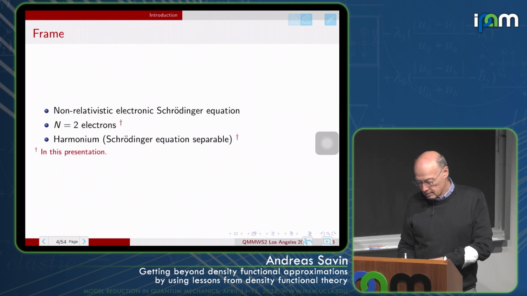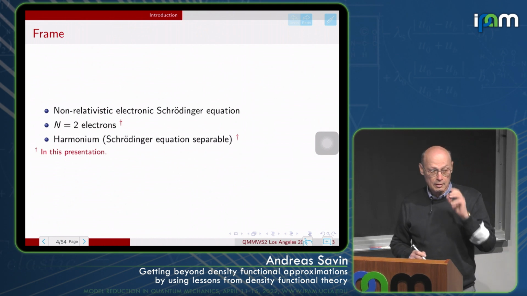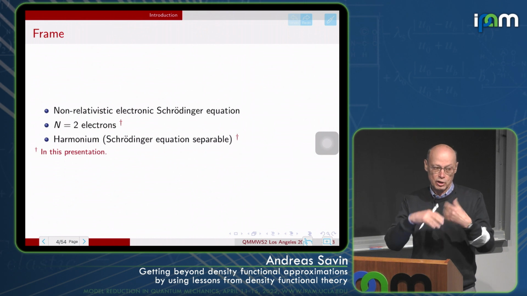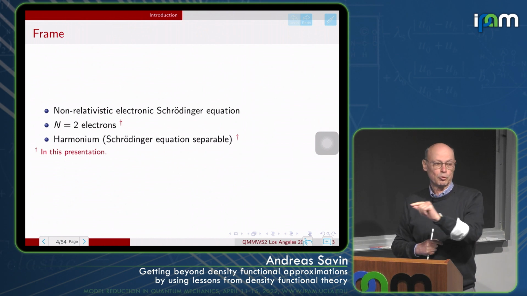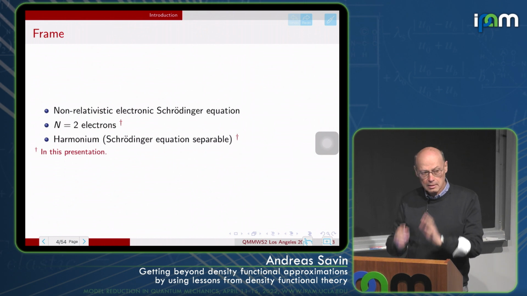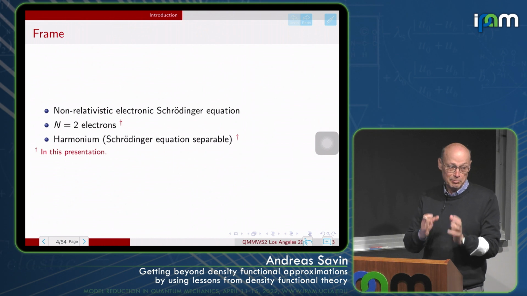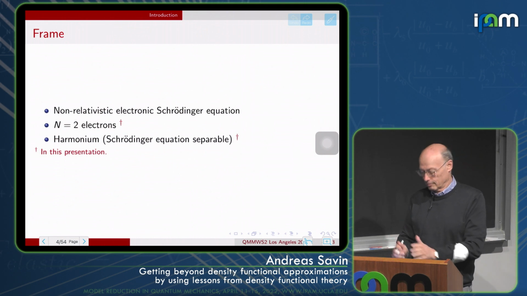And the system I consider is a harmonium that I will repeat shortly. Giovanni introduced it. It's a harmonium in 3 dimensions. By change of variables, you reduce the problem to one dimension. This is not a limitation of the methods I present, it's a limitation of my presentation.